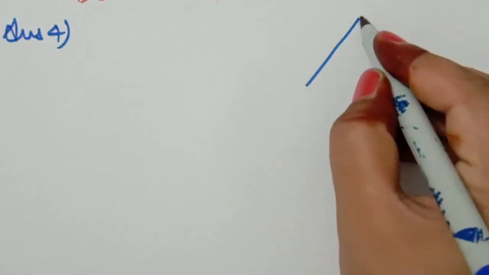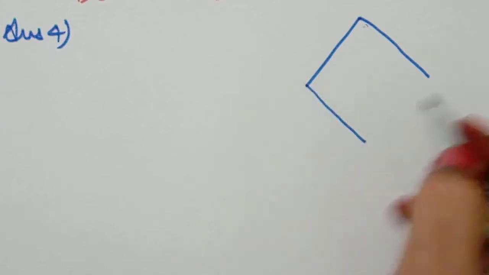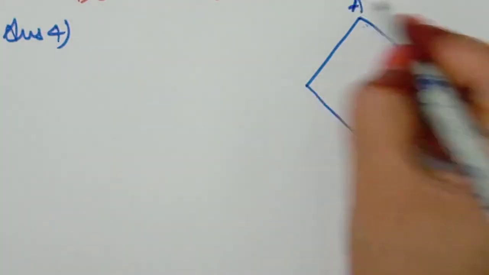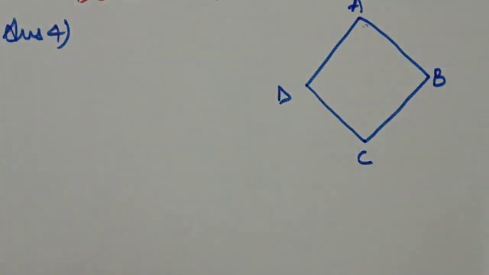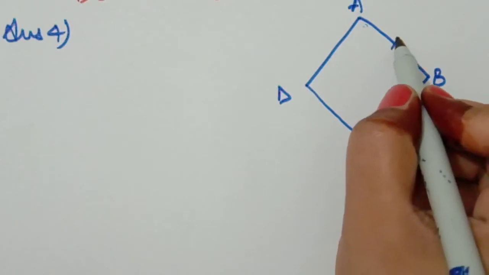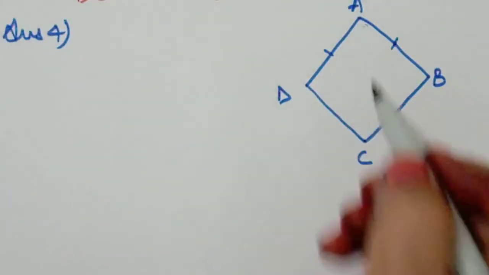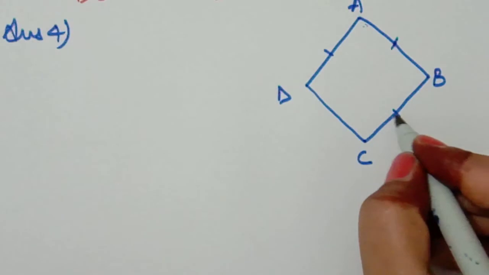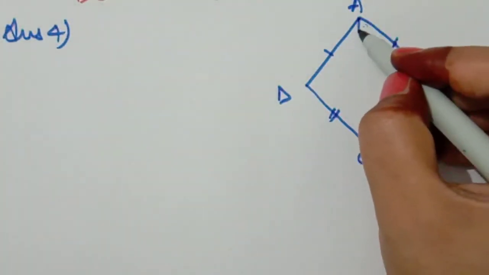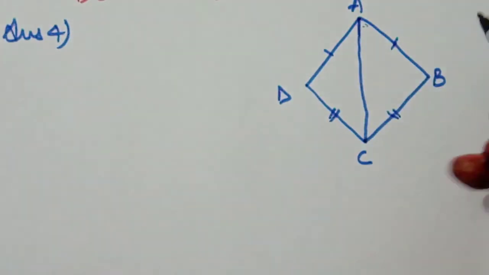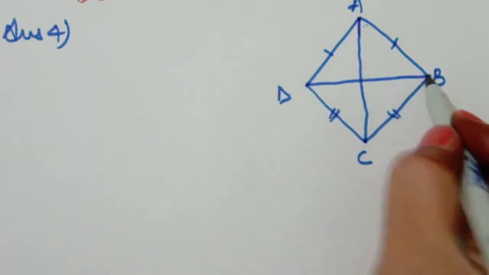So students, answer number 4. First of all, we have a quadrilateral ABCD. And what is the relation we have? AB is equal to AD and CB is equal to CD. We have to prove that AC is the perpendicular bisector of BD.